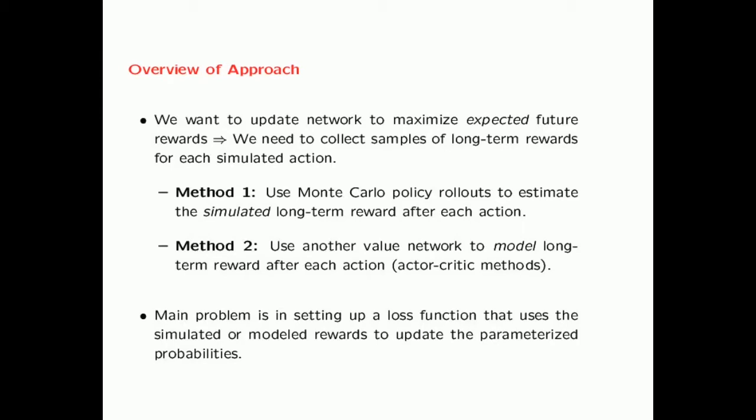Now, another key point in this type of approach is setting up a loss function. In fact, as we'll see, it's a gain function that uses the simulated or modeled rewards. You're simulating these rewards, so you have all these samples of rewards, and you want to somehow use them to update the parameterized probability so that the expected long-term reward is maximized.